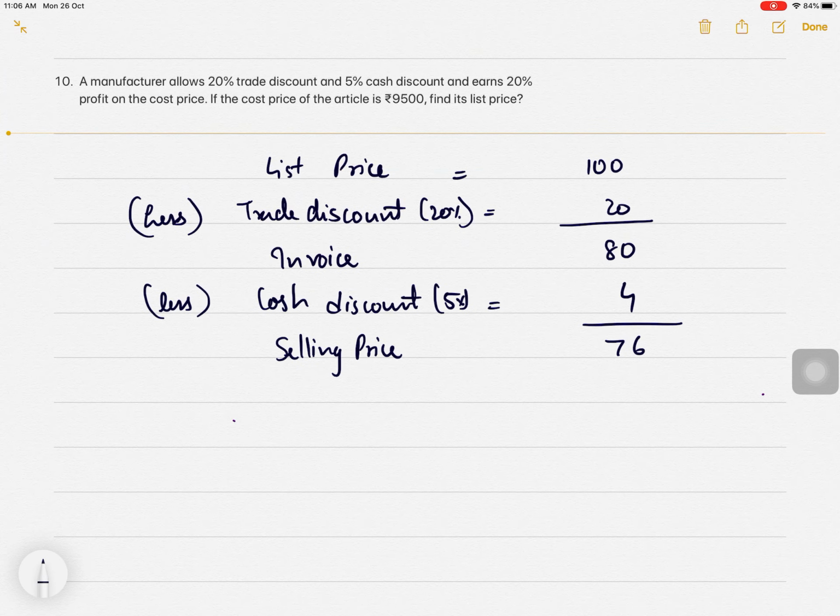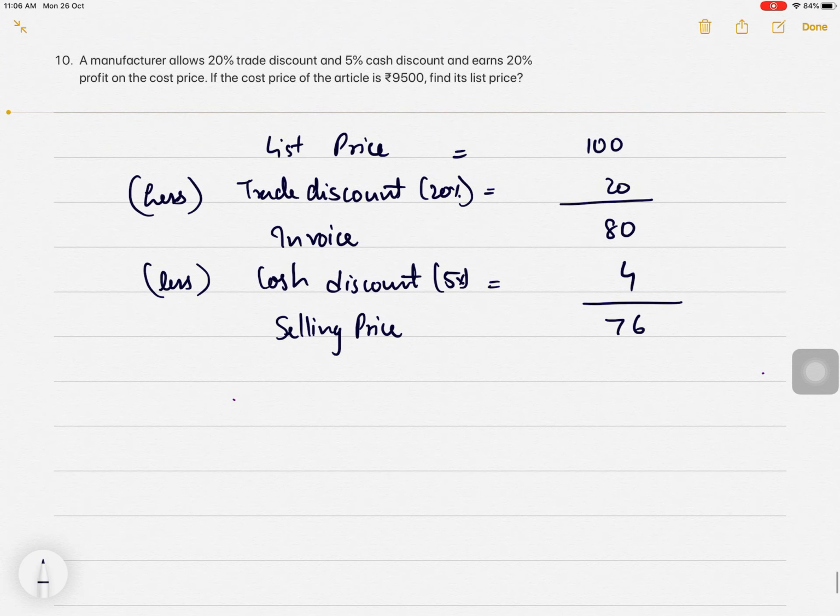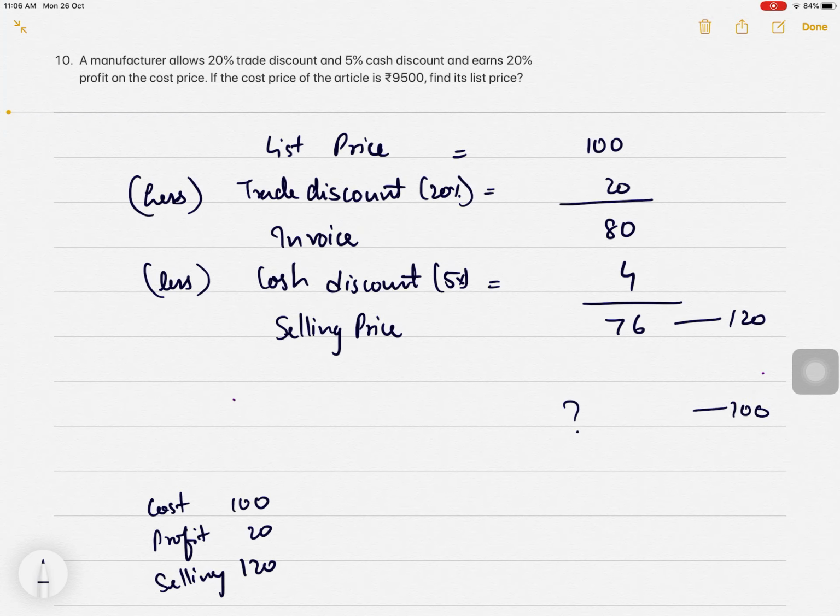And he earns a profit of 20% on cost price. That means if cost price is 100, profit will be 20 and selling price will be 120. Correct? So if 76 is 120, okay, 100 is how much? That is your cost price.